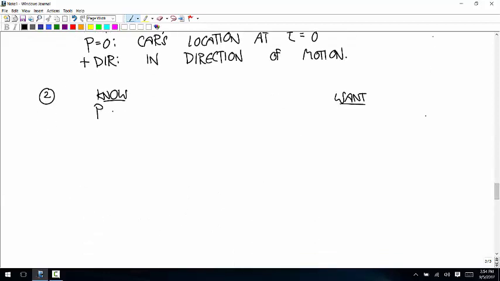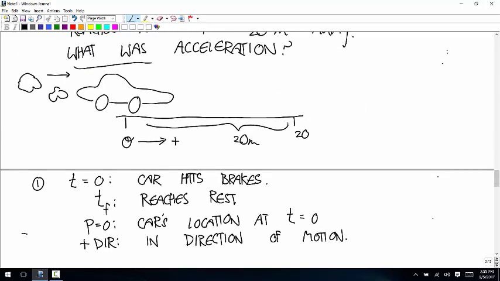So P initial is equal to 0. Do we know the position of the car when it comes to rest? Yep. So P final is equal to positive 20 meters. That's what we figured out from this picture.